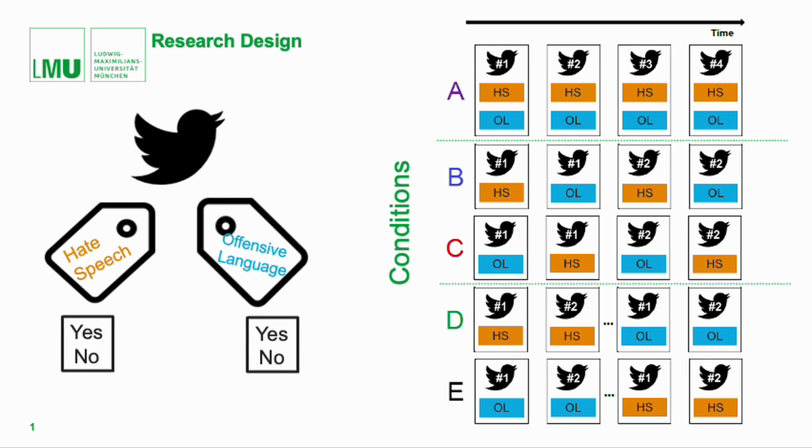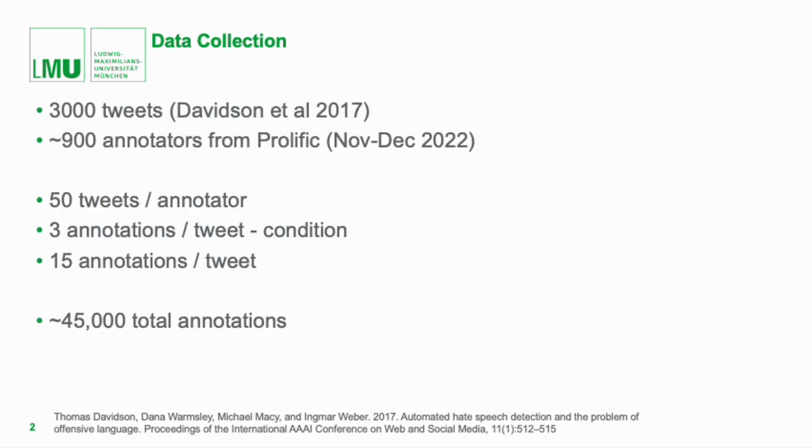In condition D, annotators first completed the hate speech annotations for all tweets. After finishing the hate speech annotations, they were then asked to do the offensive language annotation for the same batch of tweets. And again, condition E just flipped the order. Our data was sourced from an open source hate speech dataset from Davidson.